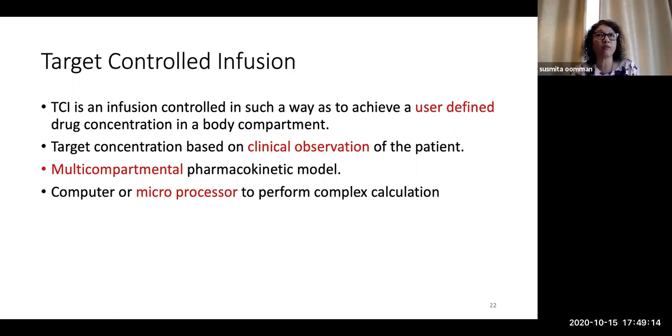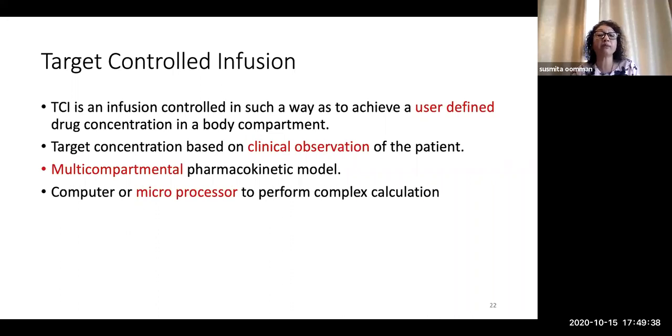So if he says that I want the amount of propofol at this level in the blood circulation and fixes it, then the microprocessor which is installed in that pump will ensure that that is the amount that is present in the patient at all times.